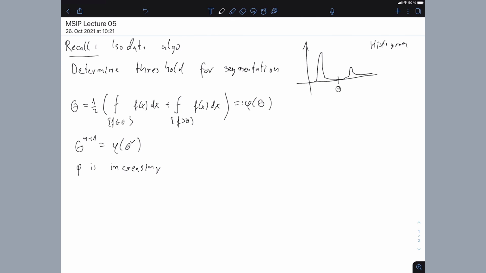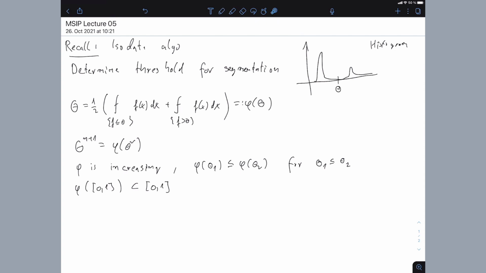That means phi of theta 1 is smaller or equal to phi of theta 2 for theta 1 smaller or equal to theta 2. And we know that phi applied to the interval [0, 1] stays in the interval [0, 1].